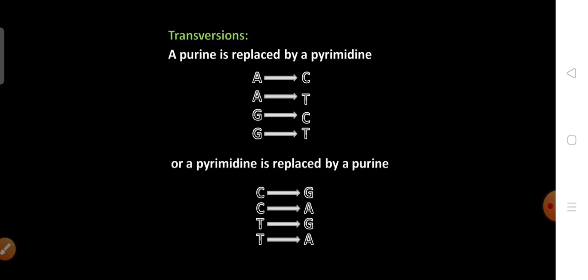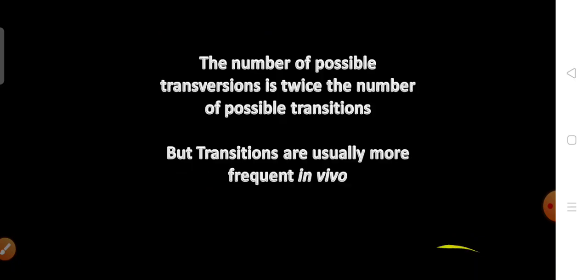Now, if I say purine is replaced by pyrimidine, that means A can be replaced by C or A can be replaced by T. So one base can undergo only one type of transition, but one base can undergo two types of transversion. A can be replaced by C or T, G can be replaced by C or T. If I say a pyrimidine is replaced by a purine, then C can be replaced by G or A and T can be replaced by G or A.